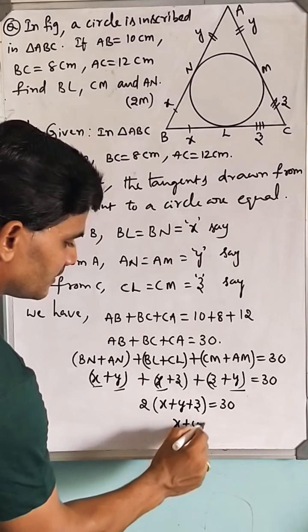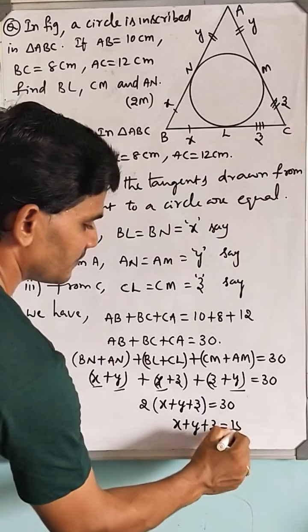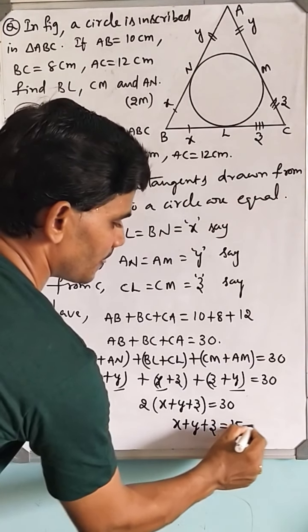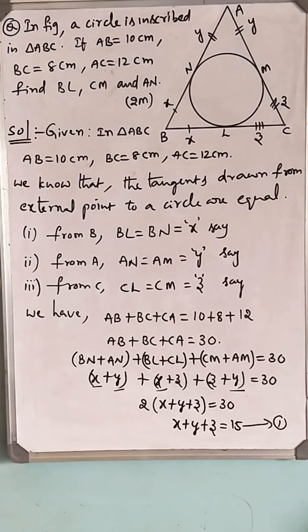So x plus y plus z is equal to half of 30, 15. Let it be equation 1.